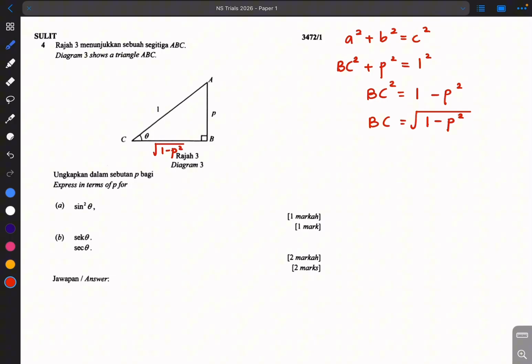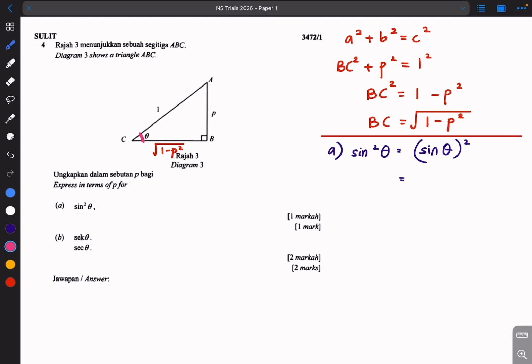Right. Now we got that done, we can solve any question that comes our way, because we have all the lengths ready. So A, they want us to find sine squared theta. Sine squared theta is the same as sine theta times sine theta, or sine theta squared. Sine theta is opposite over hypotenuse.